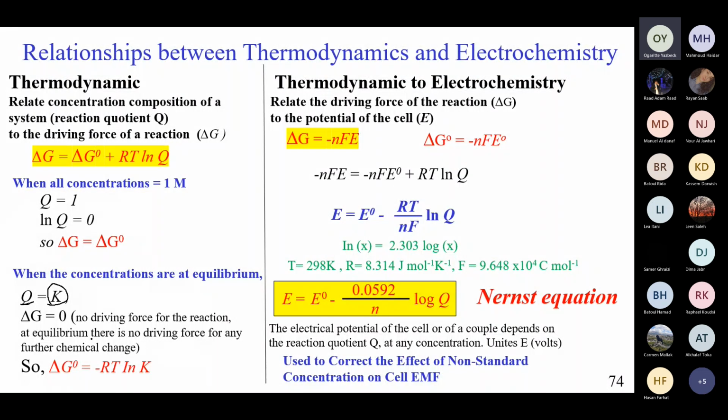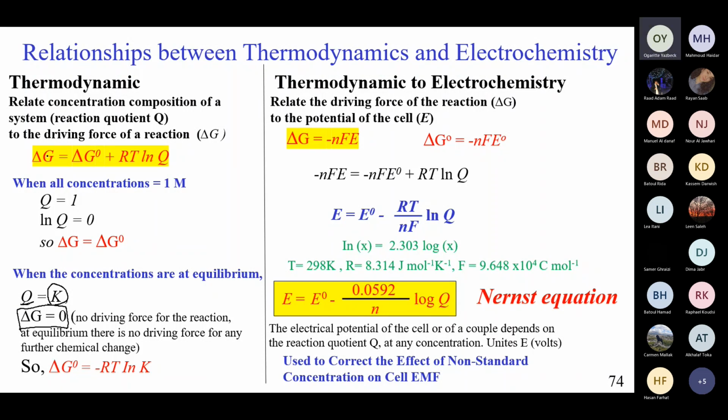Because I reached equilibrium, that's it, I no longer need any energy to go forward or backwards because I'm happy, I reached equilibrium. So the word equilibrium also means that delta G is 0.